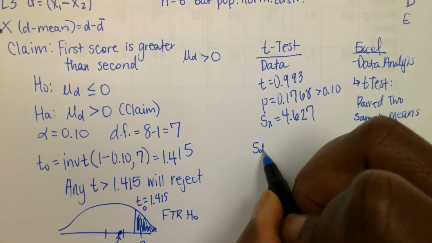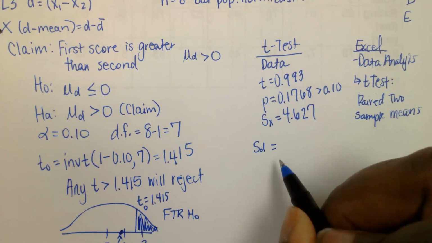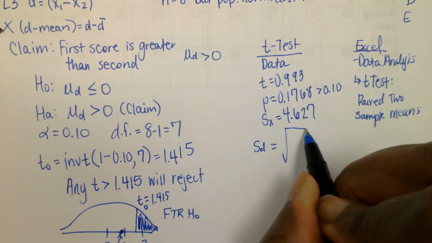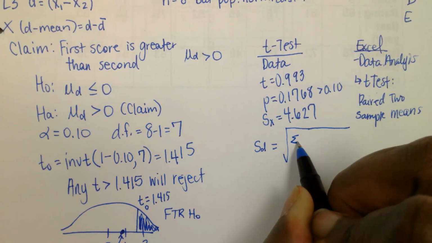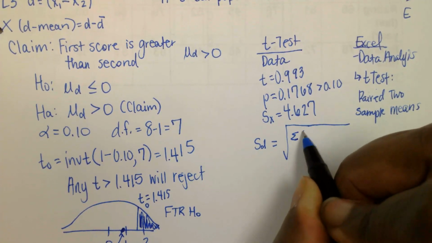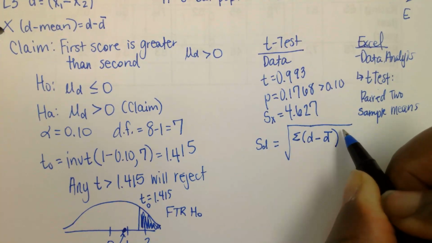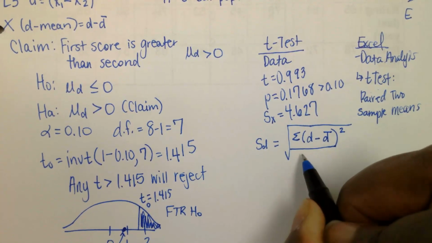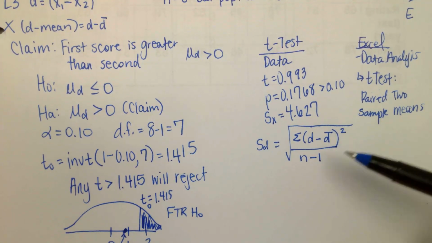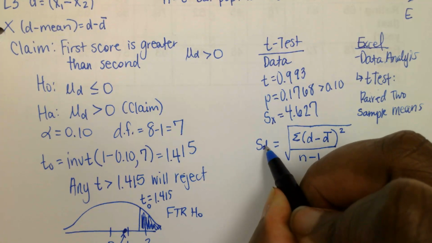Let me write that formula down here, for those who have Excel, so you'll know what I was just referring to. It's the square root of the sum of d minus our mean squared divided by n minus 1. That was the formula we used to get our standard deviation.